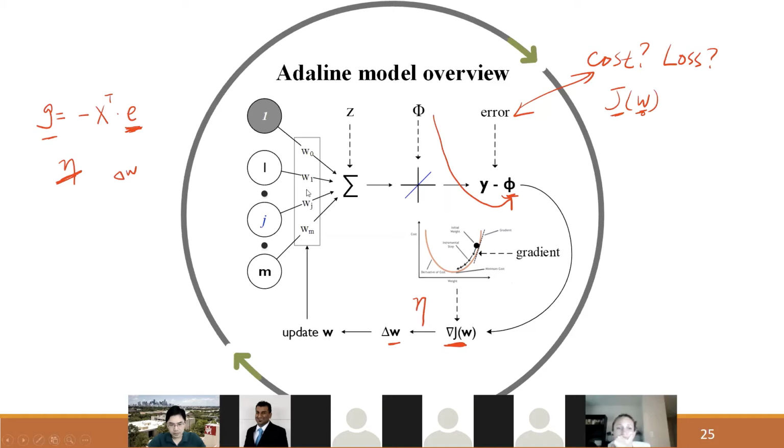Ideally this weight should be negative, but you happen to draw a small positive weight. Multiplied by income, which can be big, you get a very big net input. Then after activation, phi is very big. It could be 10, but the true label is 0. So you have an error which is negative.